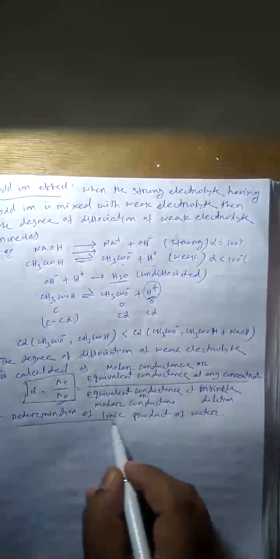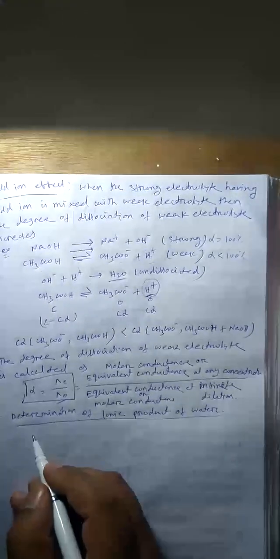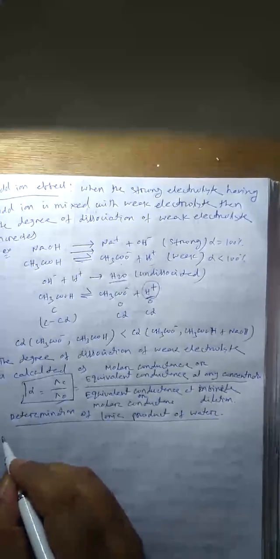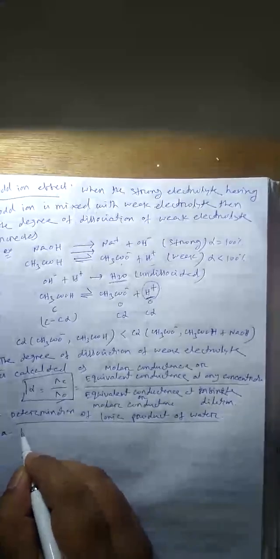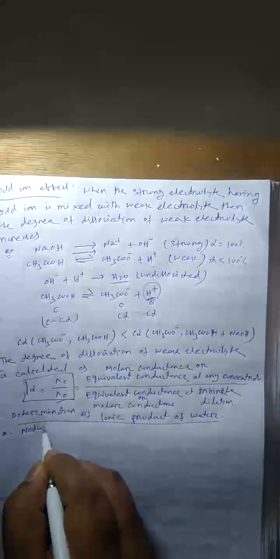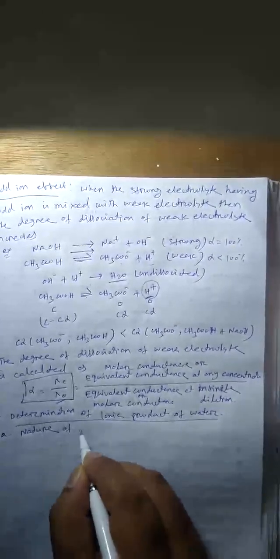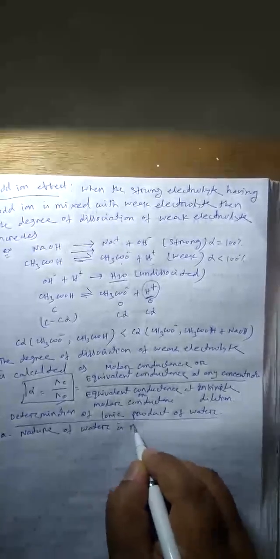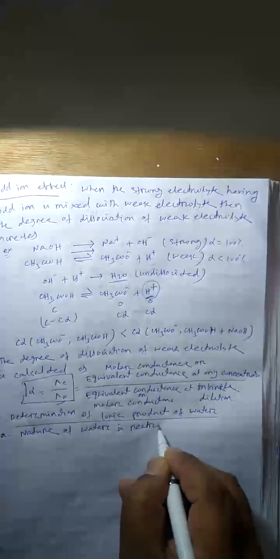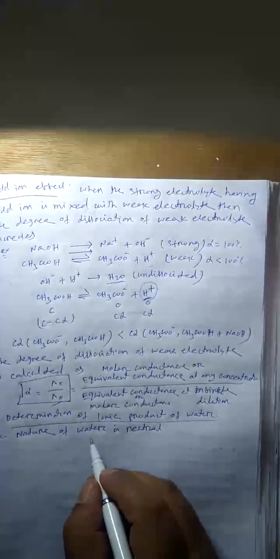In order to go directly to the ionic product of water, we have some common knowledge like this. A. The nature of water is neutral. Here water means distilled water or double distilled water, not drinking water.